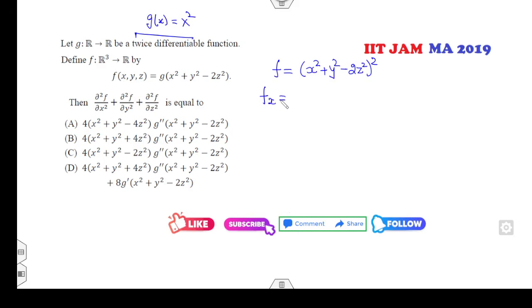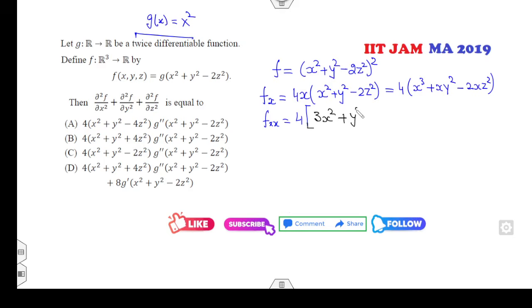So पहला डेरिवेटिव कितना हो गया आपका? 4x into x square plus y square minus 2z square. F of xx will be 4 is outside, और इसको ब्रैकेट खोल लेते हैं, x cube plus x y square minus 2xz square. Now find the second derivative with respect to x.